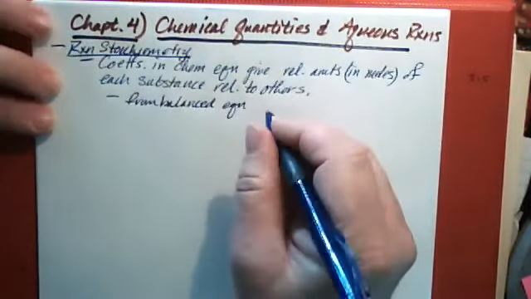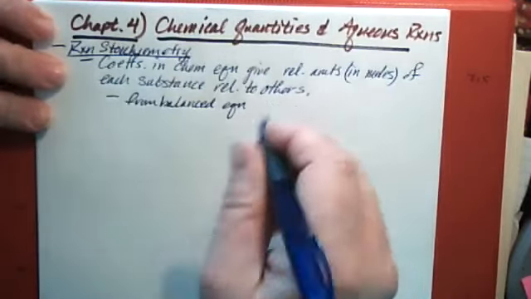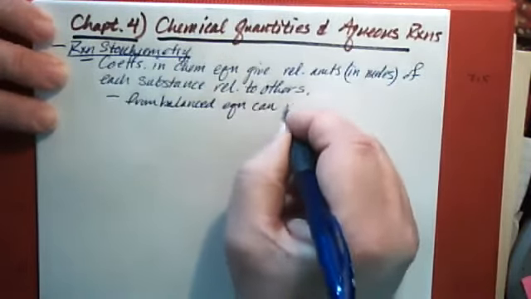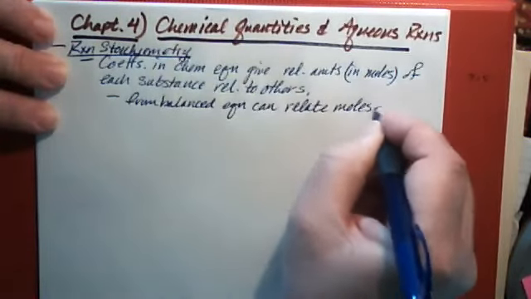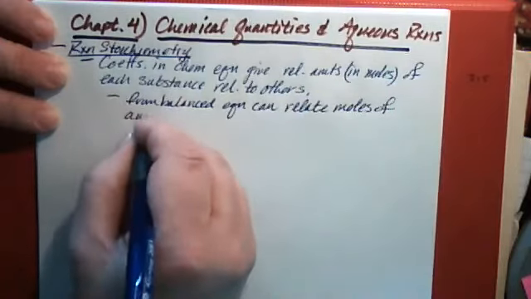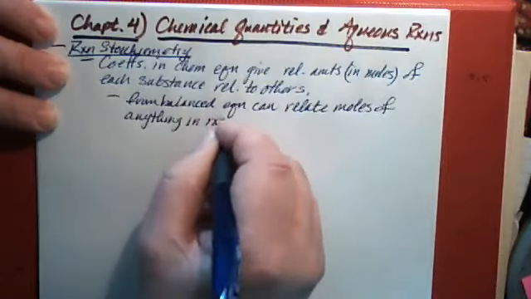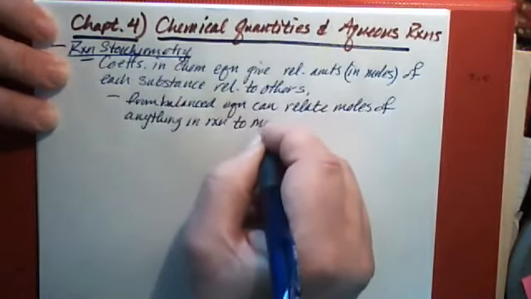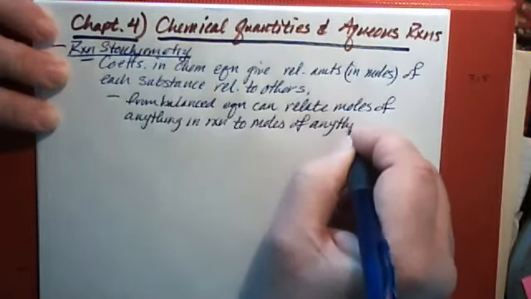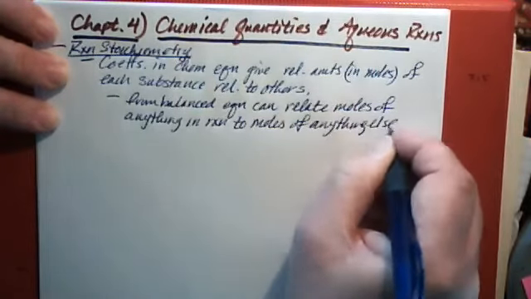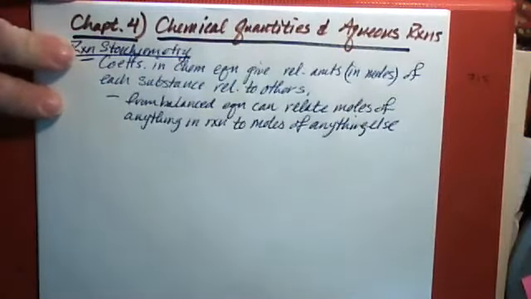And from the balanced equation, you can relate moles of one substance to moles of any other substance in the reaction. Okay, so you basically relate moles of one thing to moles of anything else.